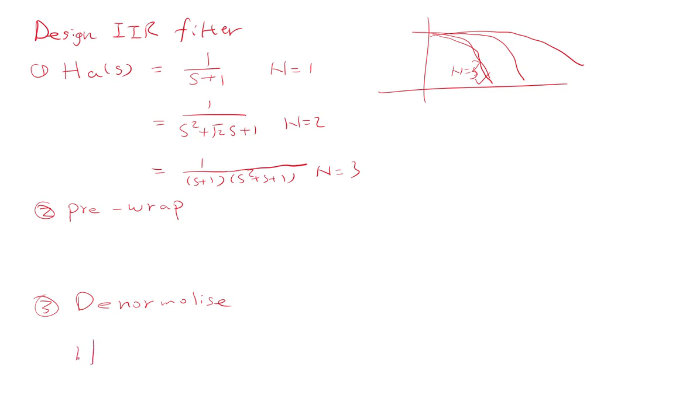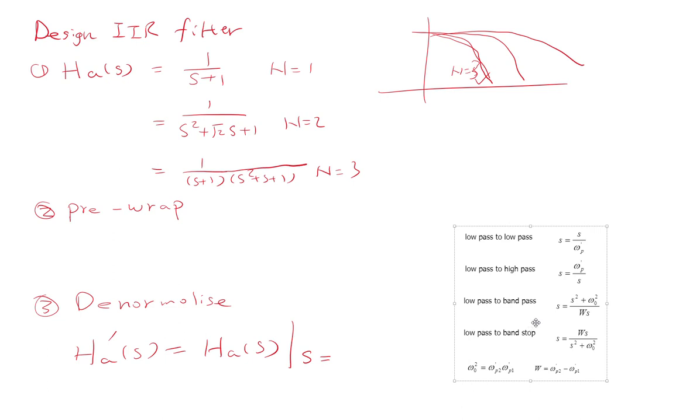That's the key step. So we want to have the H hat s, which is coming from the original H A s, one of the template we got, and then we're gonna substitute s with something, depending on which filter you want to have.